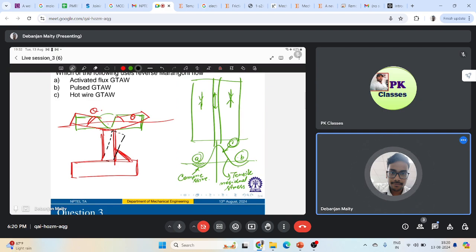I'm coming into that aspect. The basic fundamental procedure is you have to somehow minimize the total heat input, but at the same time you have to reach your melting point so that the melting takes place and welding is happening properly, right?